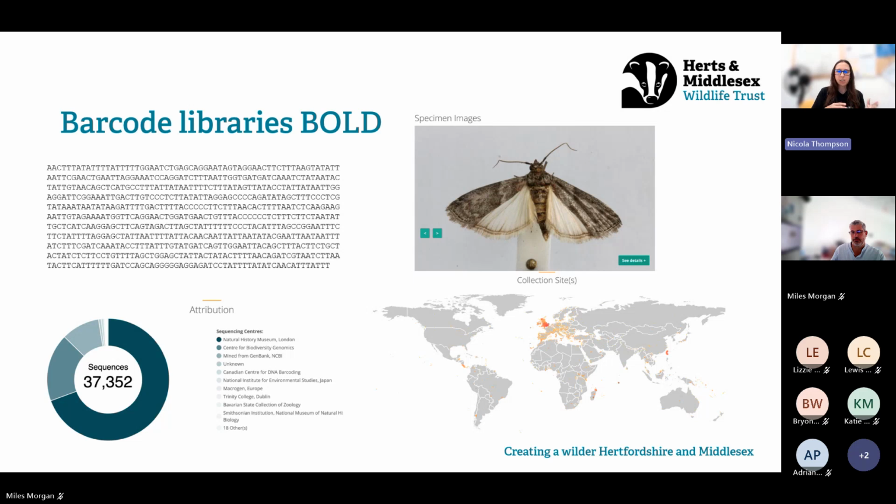We also get to see the geographic location of the species in BOLD. And as you can see on the map, that's where the species have been recorded, where it's highlighted in orange and yellow. And it tells us there's been 37,000 sequences for this individual species and who's contributed to that as well.